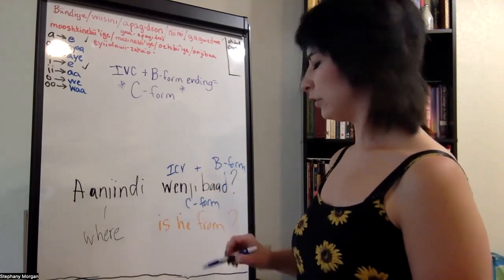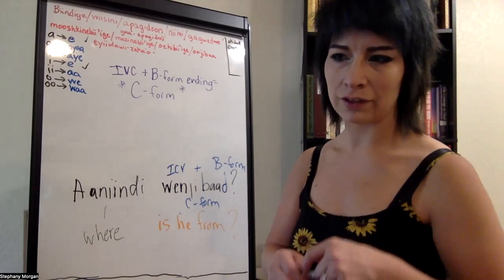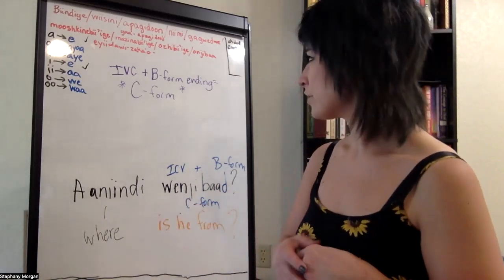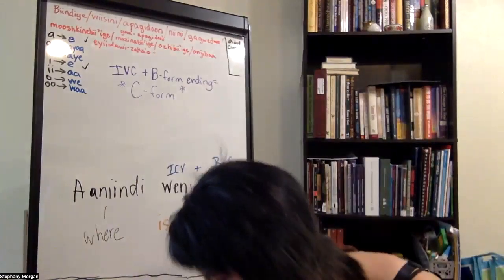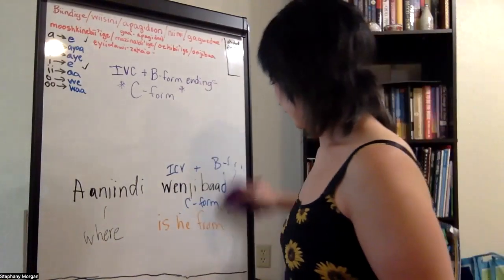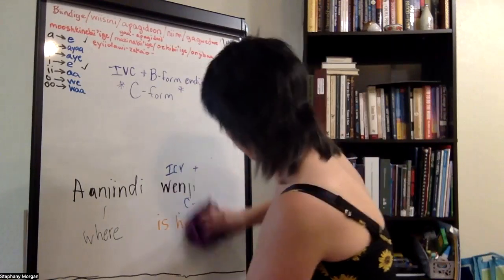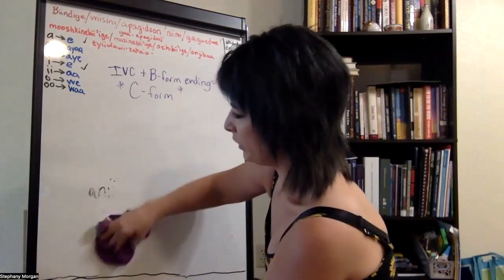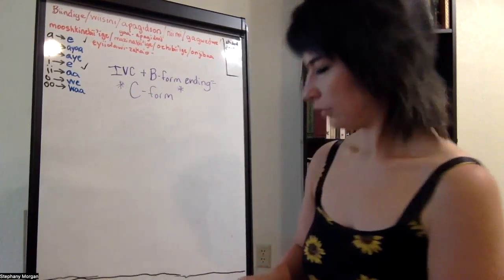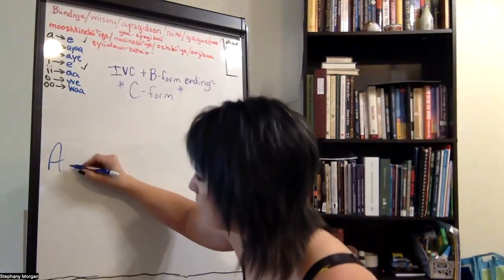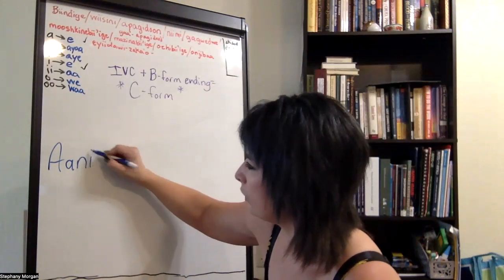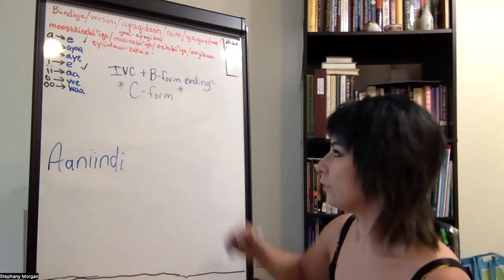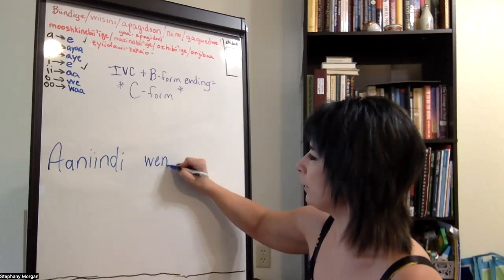So if you hear people talking about C form or you're looking in a book and it mentions C form, this is just what it is. Initial vowel change plus a B form ending. And let's see. So if someone says Anindi Wenjabayan, we've got our question mark word, Anindi Wenjabayan.